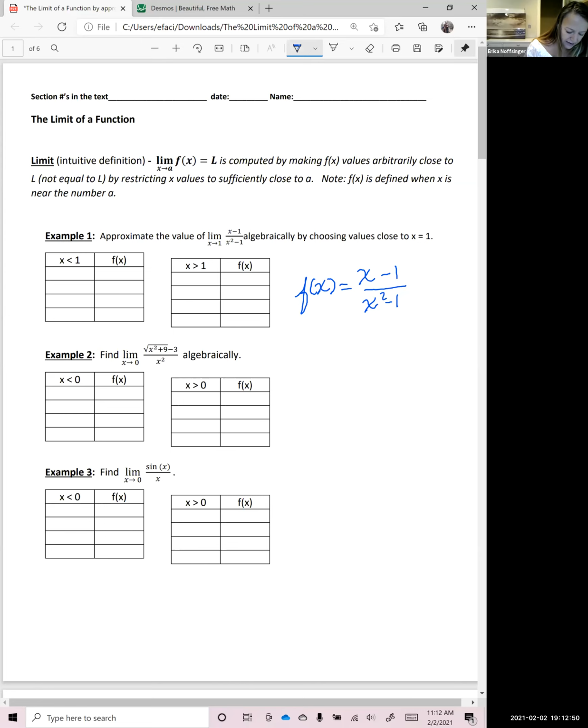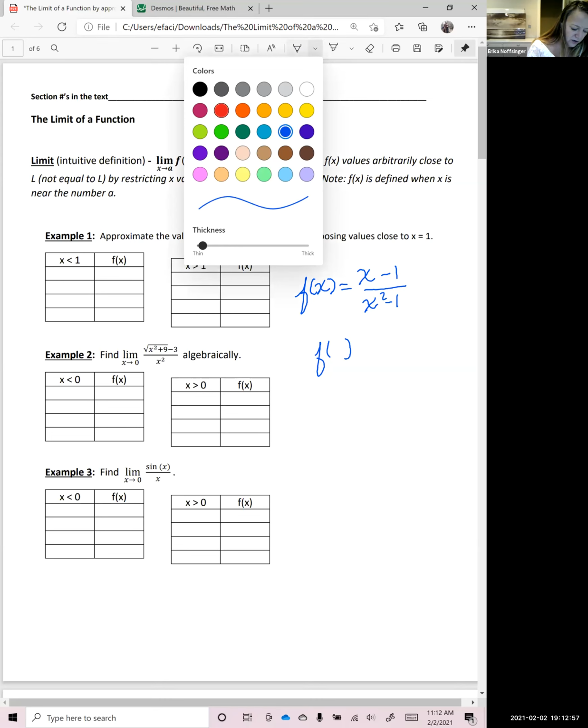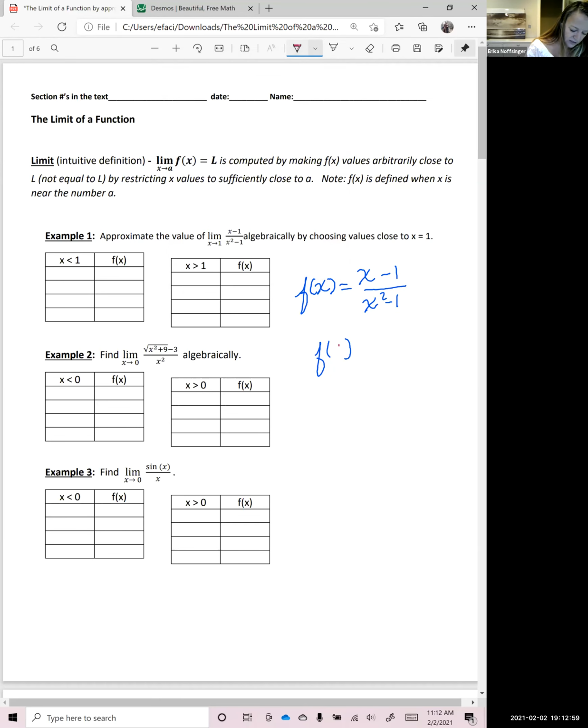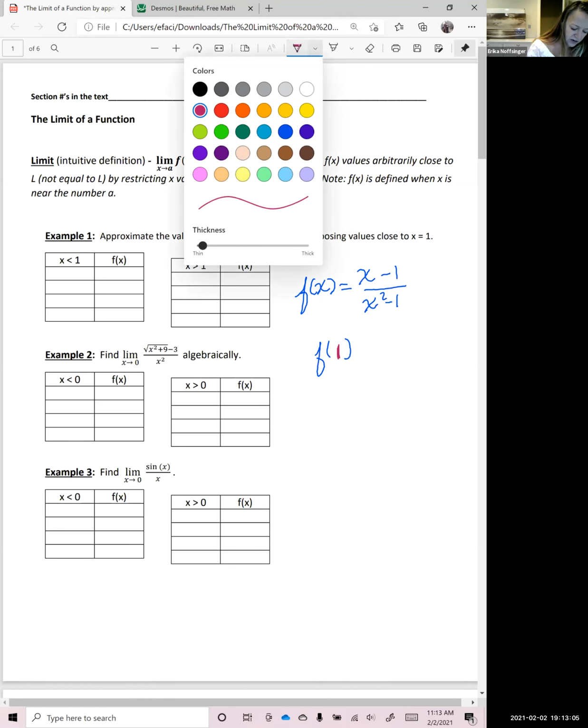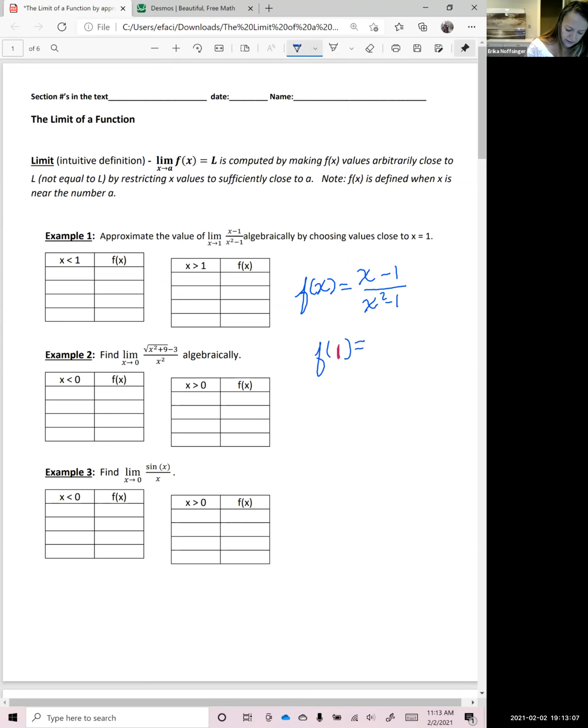So if we plug in f of 1, we're looking to see what is the y value when x is 1. To do that, you're just going to go back to your function. Wherever you see an x, you're going to plug in 1. What I tend to do when I'm evaluating a function at a number is put parentheses wherever you see an x.